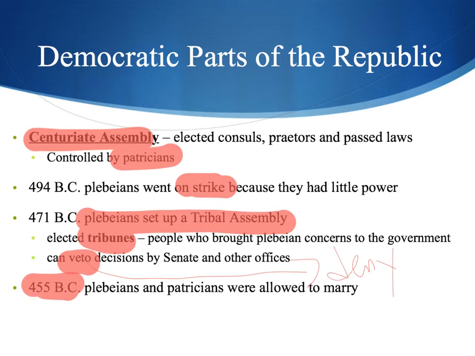If you were a patrician woman and you married a plebeian man, you were part of the plebeian class. Or, in some cases, I'm sure the patrician women stayed patricians and the plebeian men did become patricians. But basically, this law allowed people to move between upper and lower class a little bit.